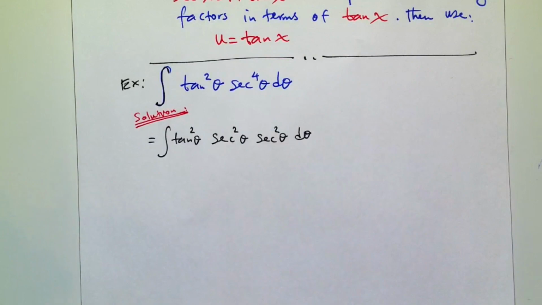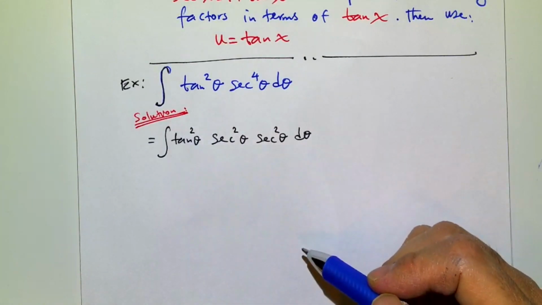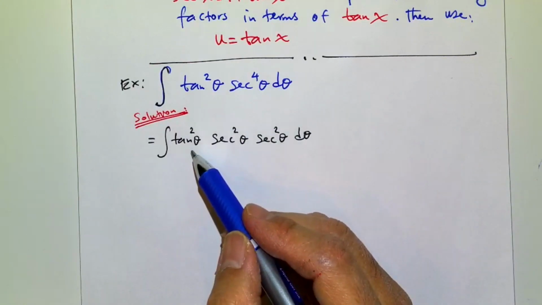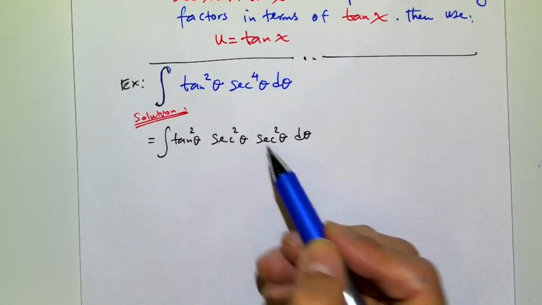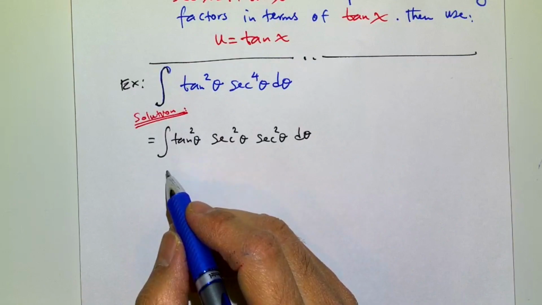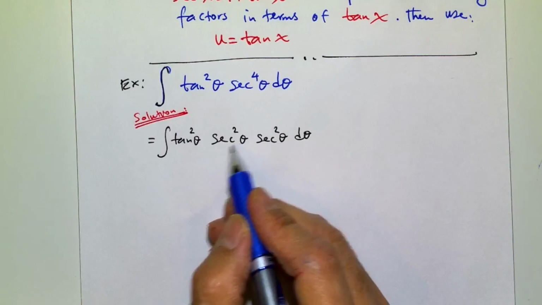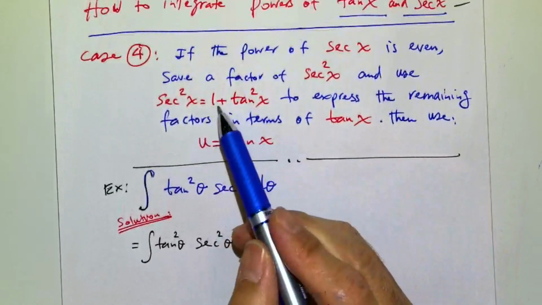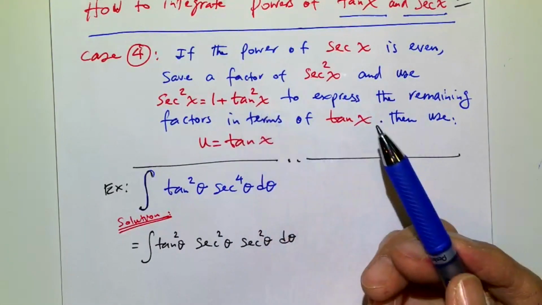And by the way, this is an indefinite integral. So at the end, if we use a substitution method, we're going to have to convert back to the original variable, theta. Just keep that in mind. Now for this piece, we can substitute secant squared theta with 1 plus tangent squared theta, or tangent squared theta plus 1.